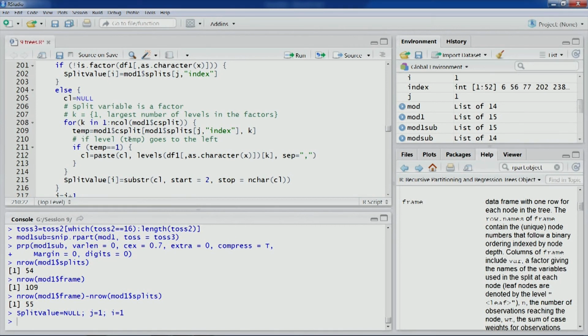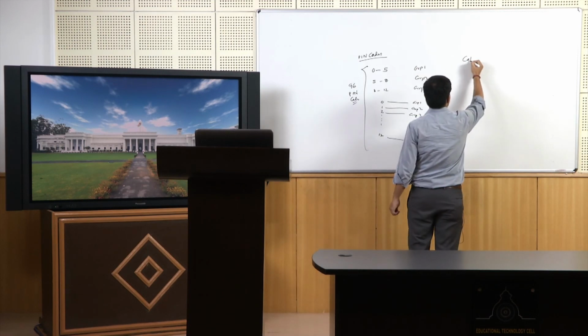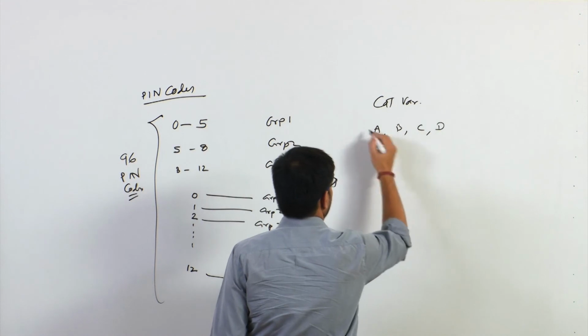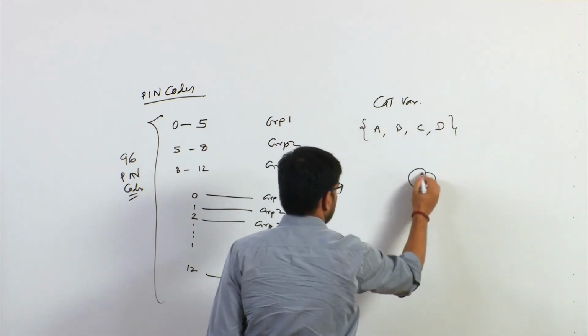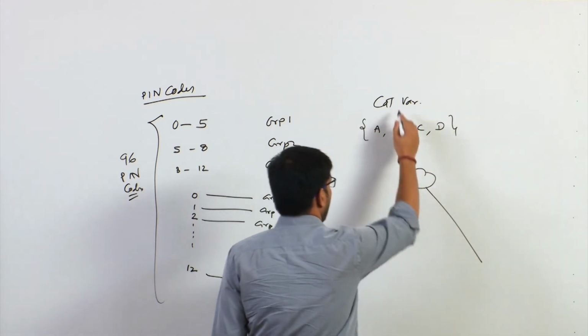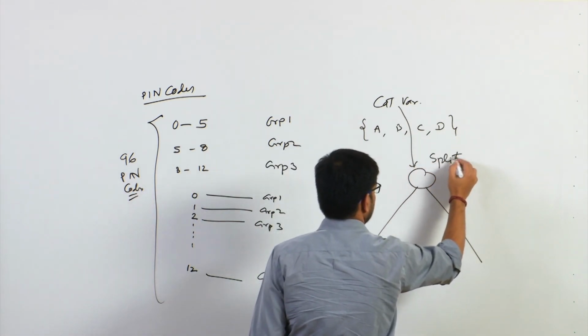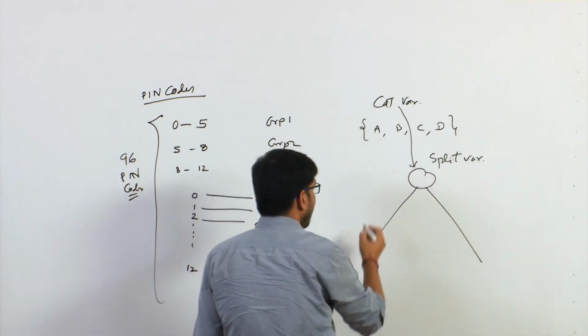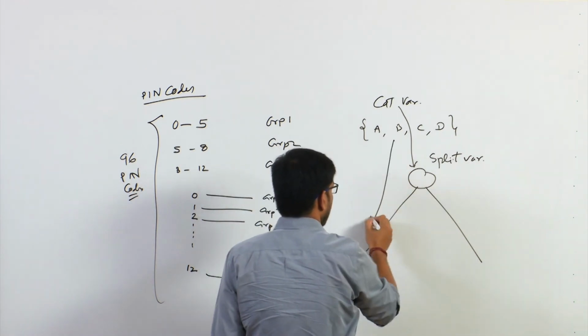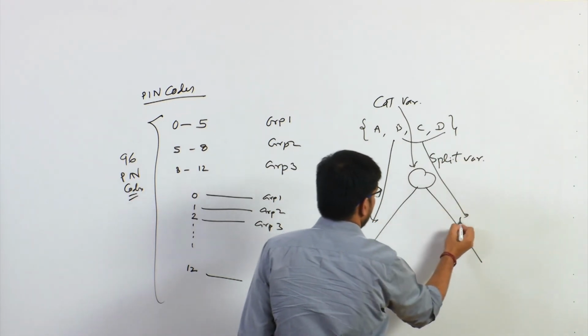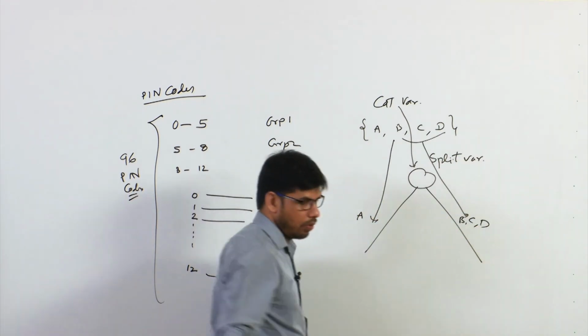So if that goes into the left child, for a particular factor or categorical variable, say it has 4 categories, once the tree is being constructed and the categorical variable is the split variable, we have to check which category is going to the left side and which categories are going to the right side, whether A is going left and B, C, D are going to the right.